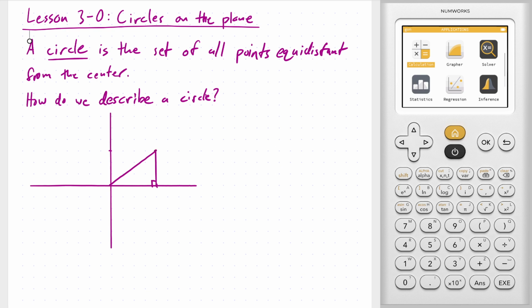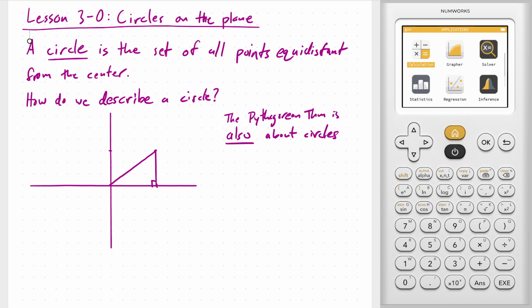Okay, so I have this right triangle. And what I'm going to claim to you is that the Pythagorean theorem is also about circles.